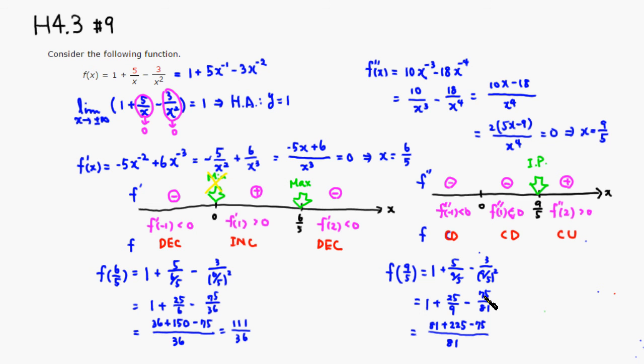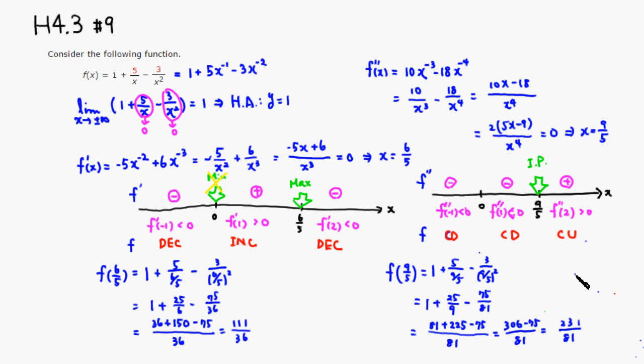If you add them up, that gives us 231 over 81, right?